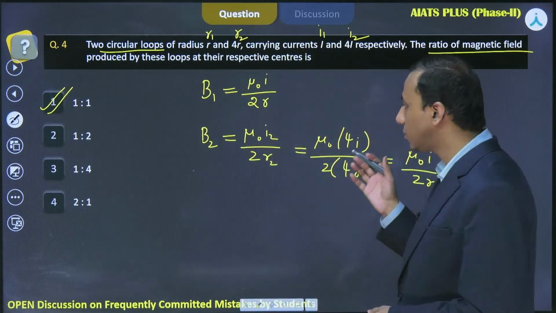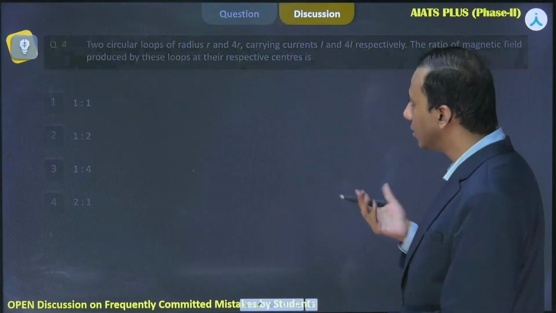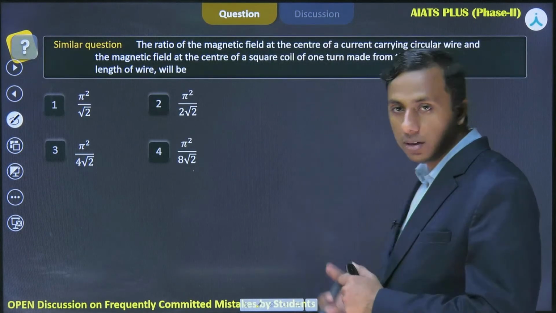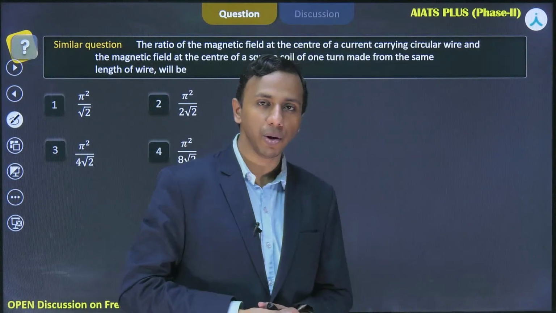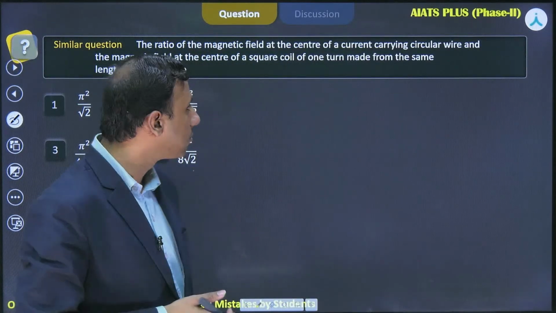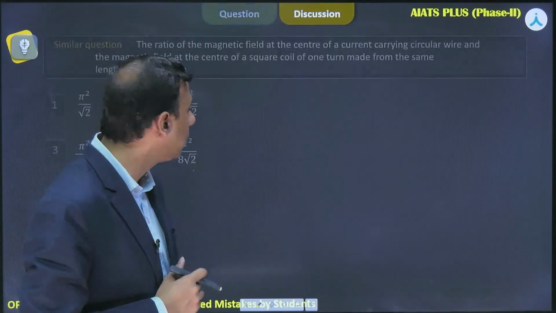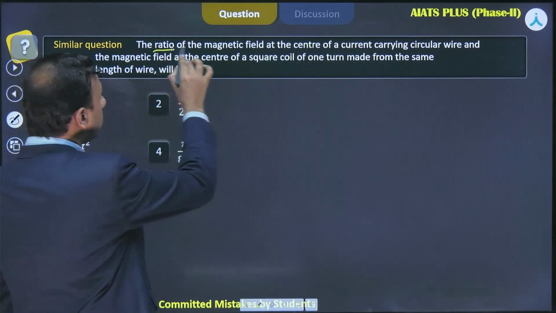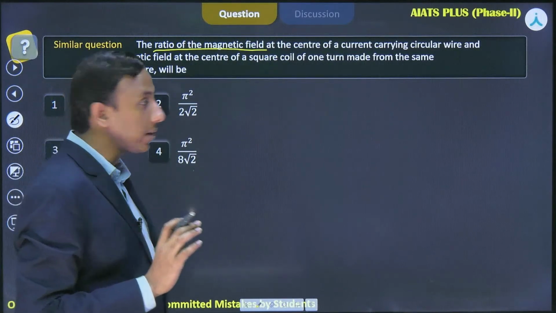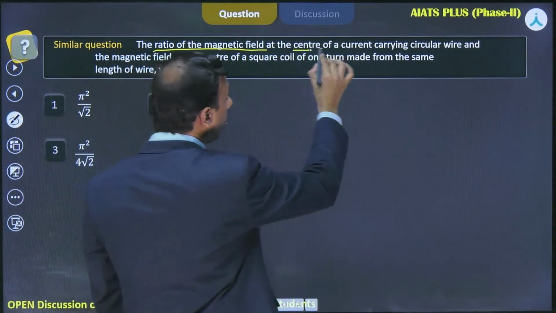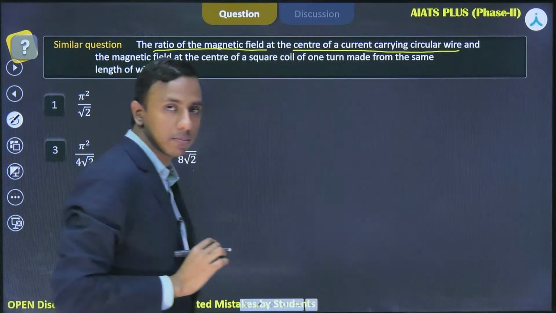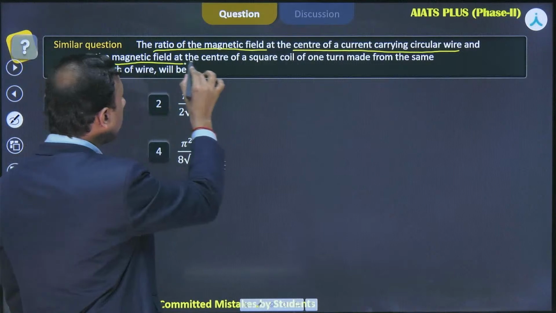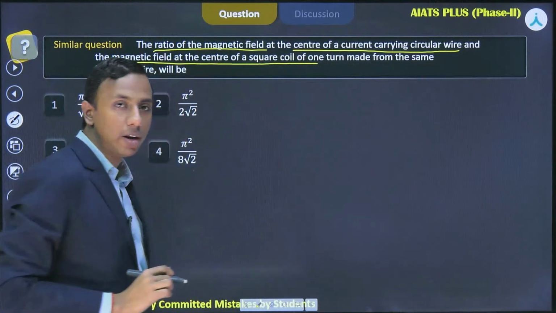You can write the expression if you know the formula. See, it was a very simple question, right? And this question, if you want, you can take as a homework. Let me just explain very simply. What are they saying? Let me read out for you guys. The ratio of magnetic field here also you are supposed to find at the center of a current carrying circular wire and the magnetic field at the center of a square coil.